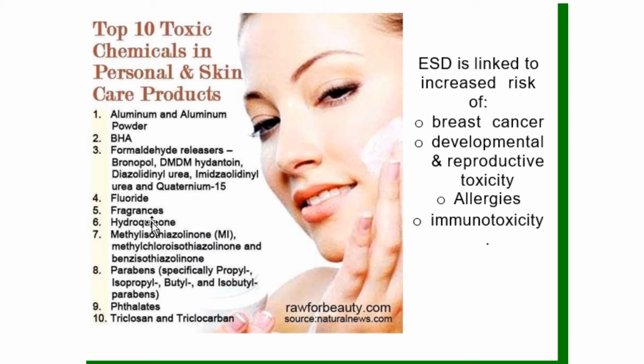We have body washes, hand soaps, and moisturizers. They contain MI. We also have hair products, hair dyes, shampoos, conditioners, pet care. If you have a pet, then you also have paint and many more.